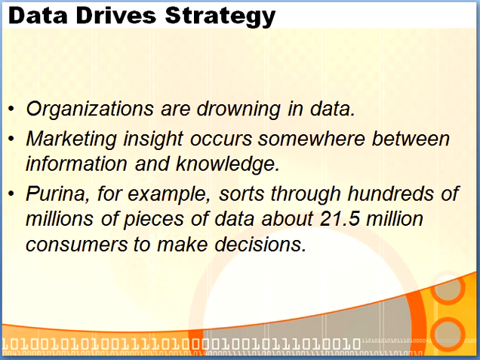So this was not an easy task for them because they had to sort out hundreds and millions of pieces of data from about 20.5 million consumers to make decisions.